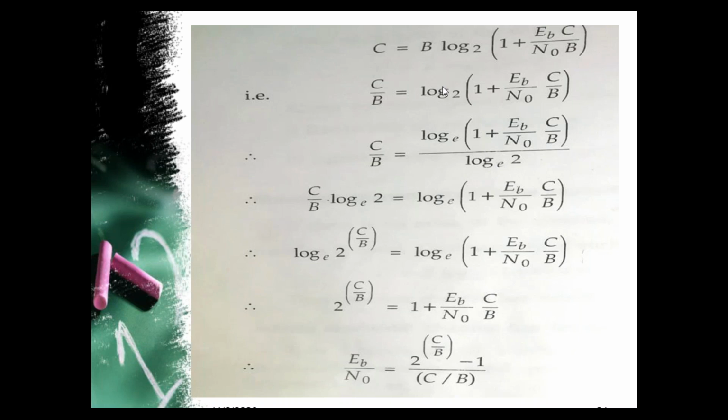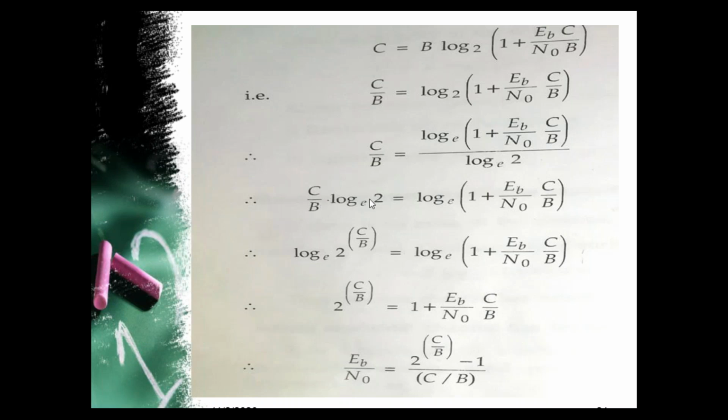The only thing we have to do is take the logarithm to the base e of that particular term and divide by the logarithm of the base, which here is 2. Then just rearranging the terms, only that much.